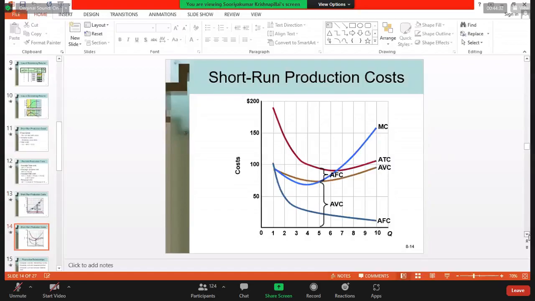And the marginal cost, average variable cost, average total cost, it's opposite to the marginal product, average product. So here, when the marginal product increases, marginal cost decreases. Each additional labor produces more and more output.